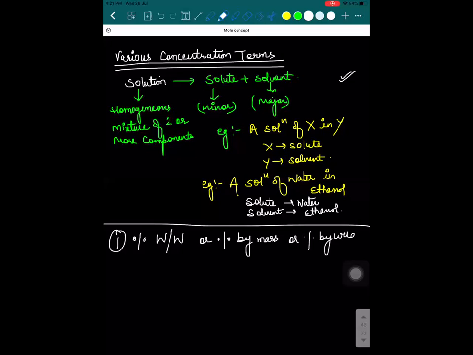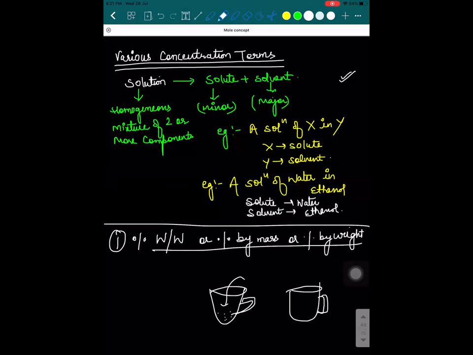Let's say I have a cup of tea and I am putting sugar into it. Let's say another cup of tea, I am putting sugar into it. Concentration term is that particular word which will tell you that one is having more sugar and the other is having less sugar. Means concentration of sugar is more here and less here.